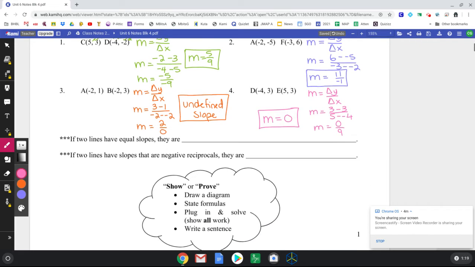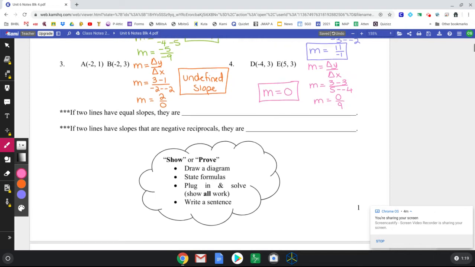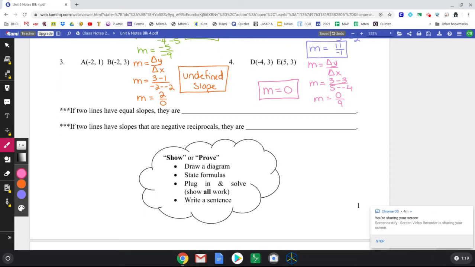One thing that we're going to be very concerned about is whether or not my lines have a relationship between their slopes. If two lines have equal slopes, then they are parallel, meaning they'll never intersect. They're going to be equidistant at every point.